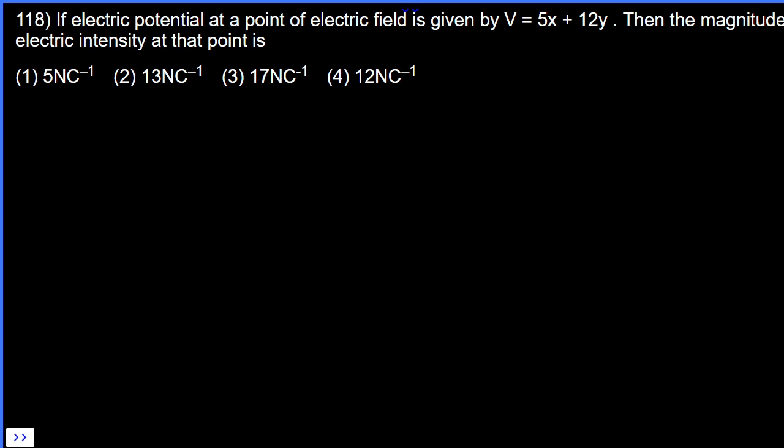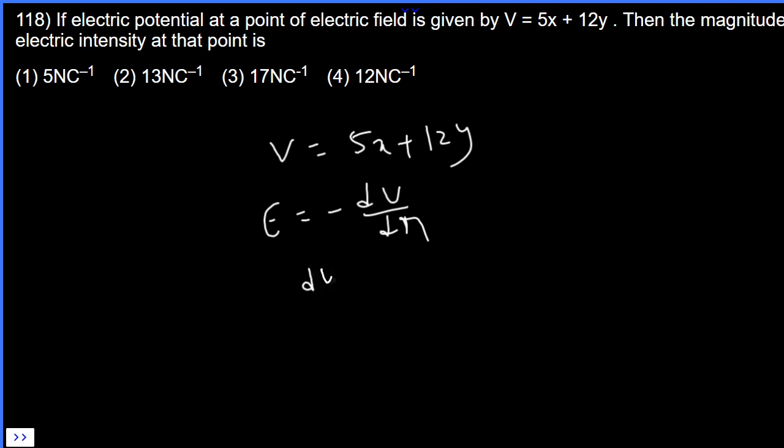The electric potential at a point in an electric field is given by V is equal to 5x plus 12y. Then the magnitude of electric intensity at the point. So given it is 5x plus 12y. The general formula for the electric field and electric potential relation is E equals minus dV by dr. Differentiating the above equation with respect to x, that is dV by dx, Ex we get only 5.